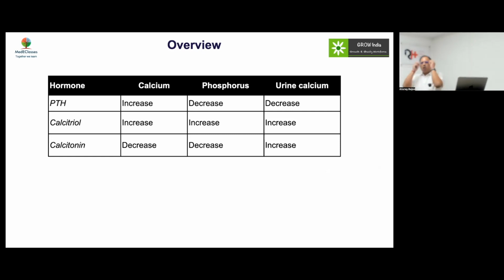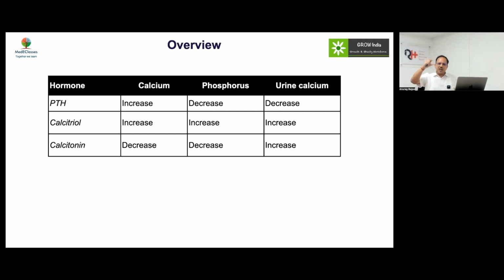Now, a very important point when we are comparing the effect of PTH versus the effect of calcitriol: PTH is actually retaining urinary calcium, while vitamin D is increasing urinary calcium. But still you will have hypercalciuria in the setting of hyperparathyroidism because your absolute calcium levels go high.